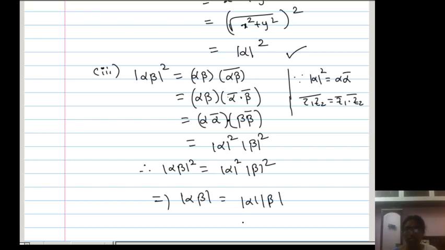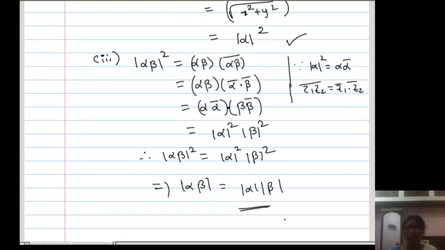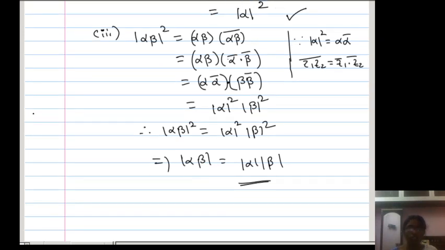So this is my third property proof. In that theorem we discussed three properties: mod alpha equal to mod alpha bar, alpha into alpha bar is mod alpha square, and mod alpha beta is mod alpha into mod beta. These properties are helpful in the next theorem, which we will discuss now.